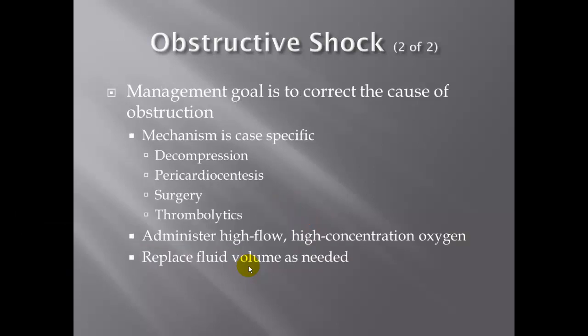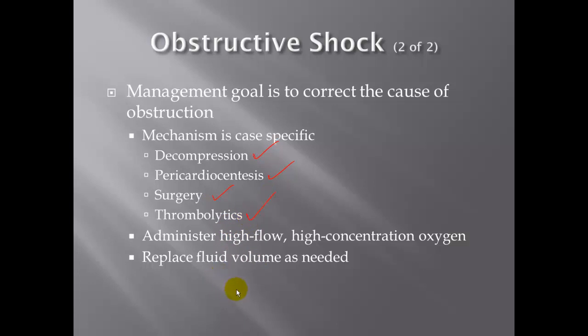Management goal is to correct the cause of the obstruction. Mechanism is case specific. Decompression for the tension pneumothorax, pericardiocentesis in the pericardial tamponade, surgery may be in order as well, or thrombolytics in the PE scenario.